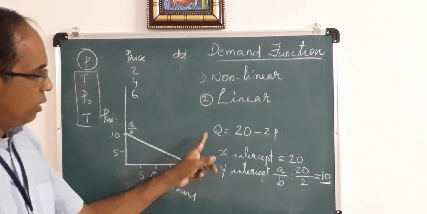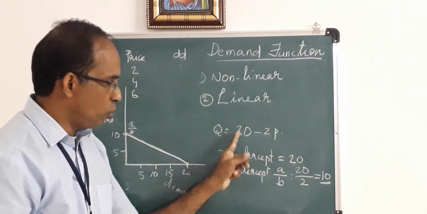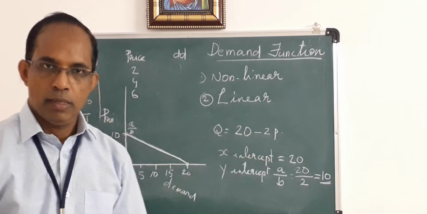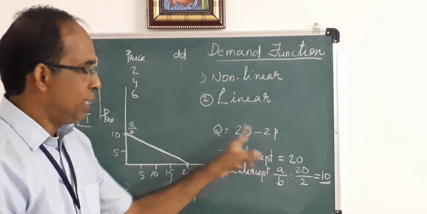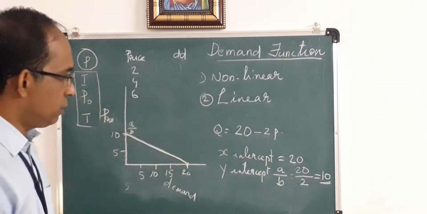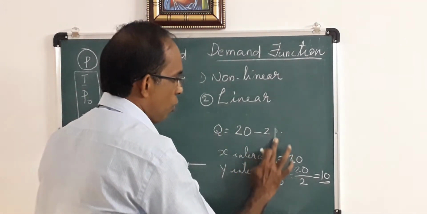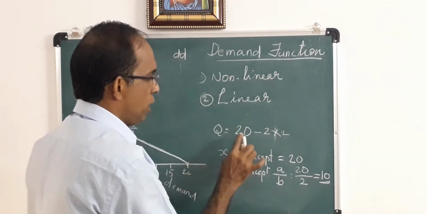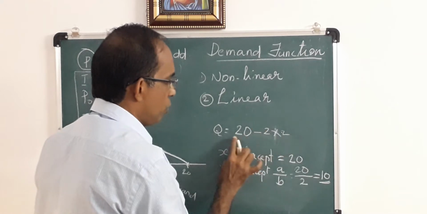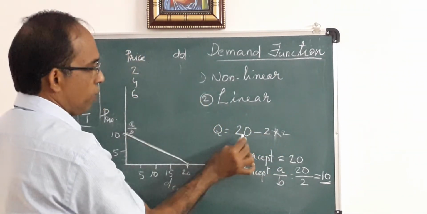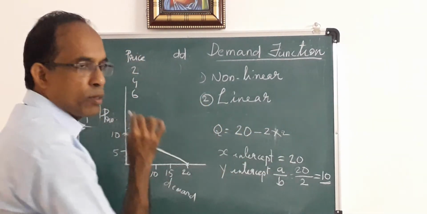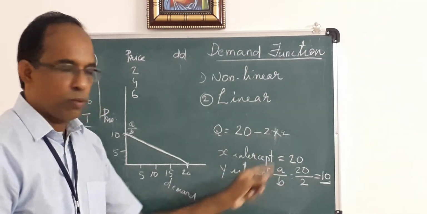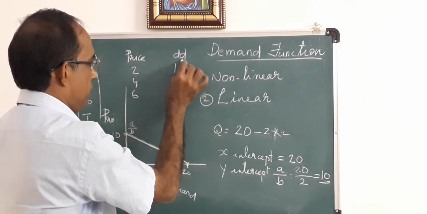The demand function of HUMR is 20 minus 2p. At price 2, just substitute the value for price here. 20 minus 2 into 2, that is 20 minus 4, which is equal to 16.